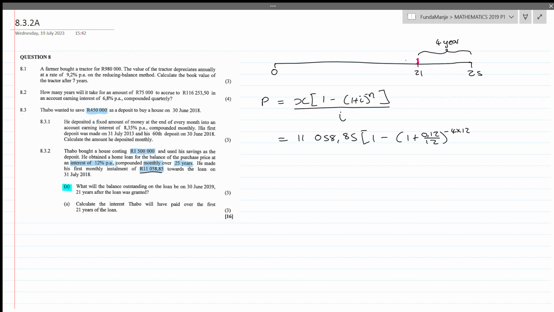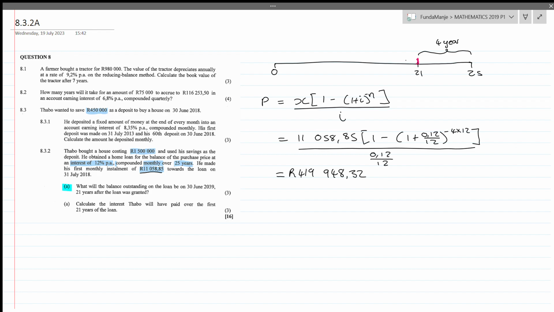Then we close that big bracket and put it all over the interest, which is 0.12 over 12. We find that after 21 years, the amount that he still owes would be 419,948 and 32 cents. Now this is one way to solve it, and it's the quickest way.